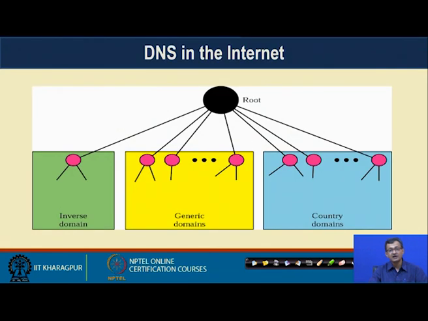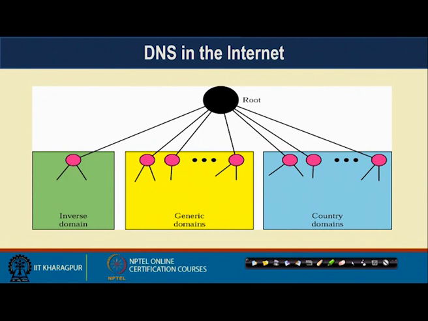DNS in the role of the internet, or DNS in the internet. There are three categories, as we have seen: generic domain and country domain. One is 3 or more characters and one is 2 characters in length. Now, there is a third category called inverse domain or reverse domain, right.